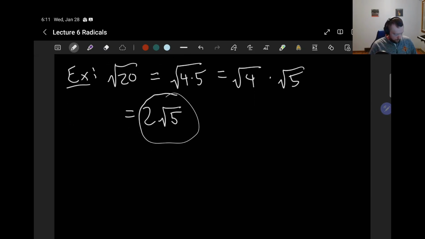Okay, so I want to end with this conjugate.